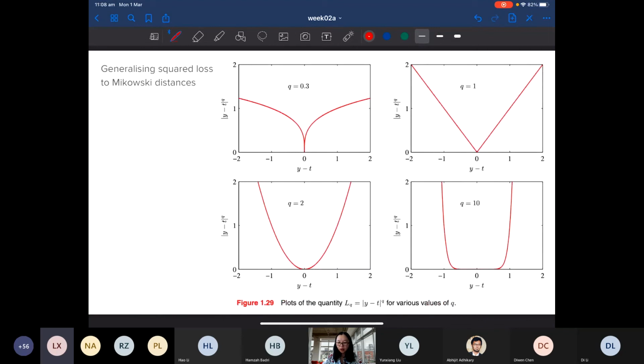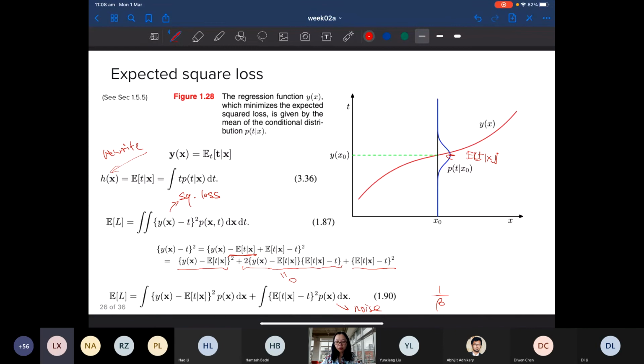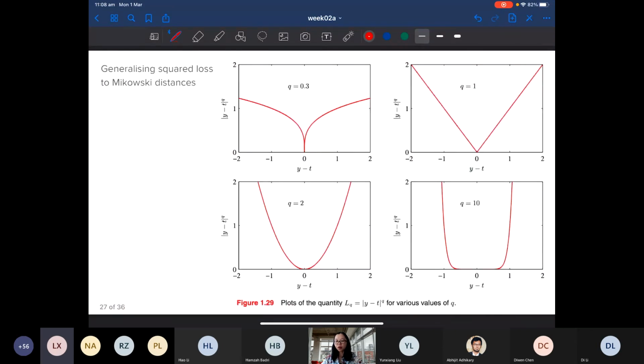Moreover, the book makes a note about what the geometries look like if our loss is not squared. For square loss, it's the quadratic curve, but if the norm order goes up, the loss is more steep. When the norm order goes down, it becomes less steep.